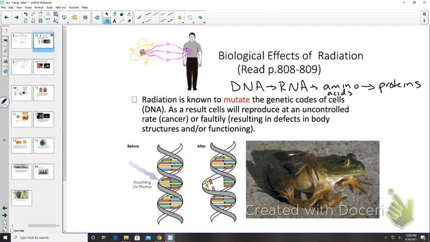Now, if you have your DNA being damaged, the rest of this pathway will not be able to occur, right? If you can't read the DNA, you're not going to be able to make the appropriate RNA, and then you can't make proteins, which could be pretty fatal for us, right? So that's not good.